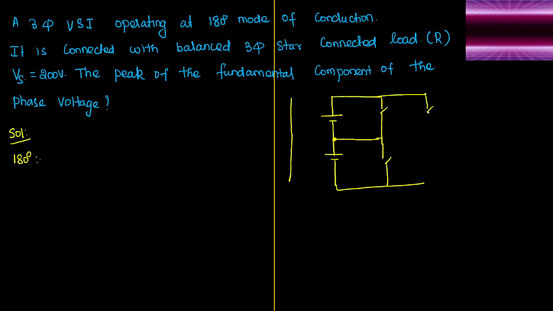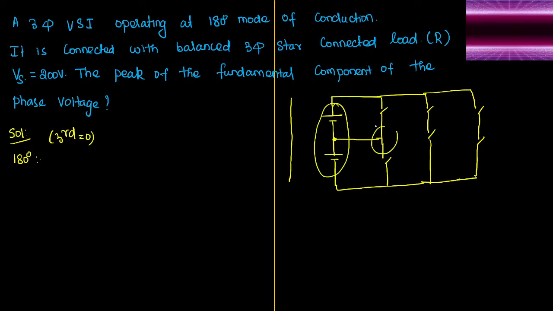Under this situation, you people are confused. In both 120-degree and 180-degree mode of conduction, the effect of third harmonic voltage becomes zero. This third harmonic voltage will exist between the legs and phases. There you can observe the third harmonic effect.